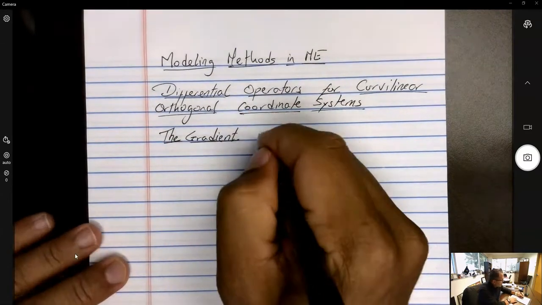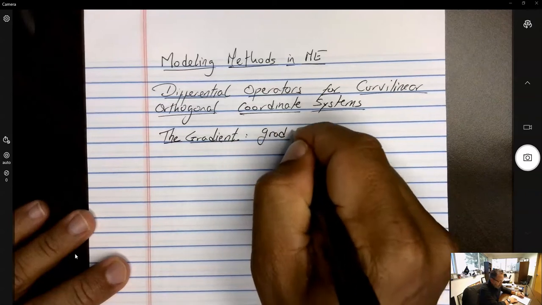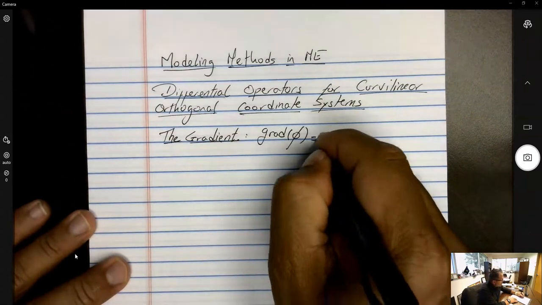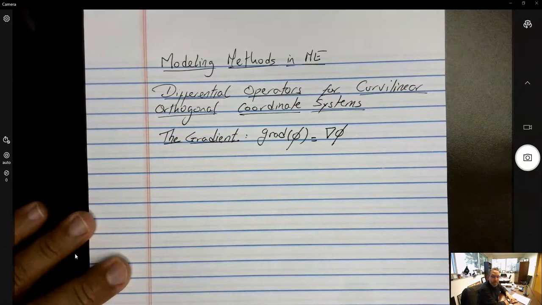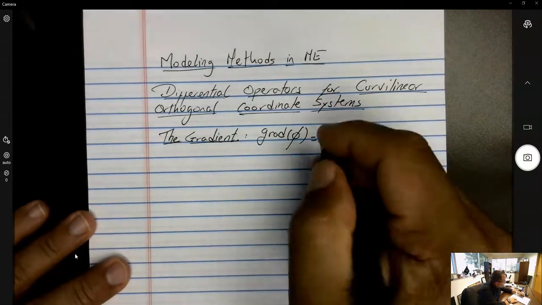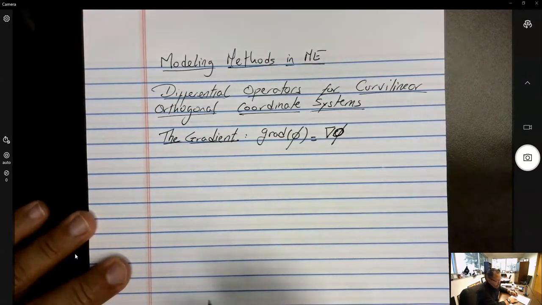And remember, the grad of a scalar function phi, we can also write as del phi, or nabla phi. Remember, no dot in the middle. This is a vector operator, and I said no dot in the middle, and the dot showed up. So no dot in the middle.